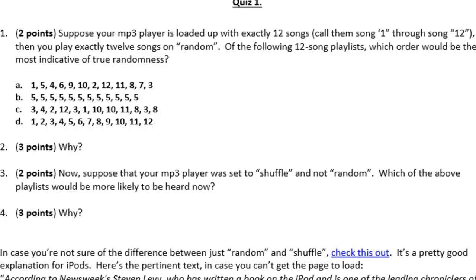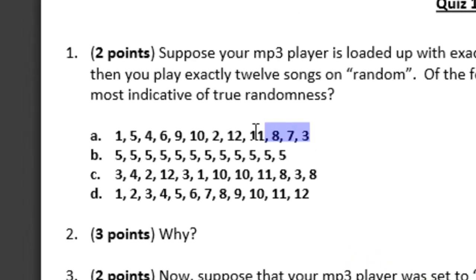So the idea of shuffle is once a song has been played, it will not be played again. So if you have 12 songs and you shuffle all 12 of them, you will hear exactly 12 songs in some order. So the only two possibilities now are letter A up here, which shows all the songs played once, and letter D down here, which shows all the songs being played once.